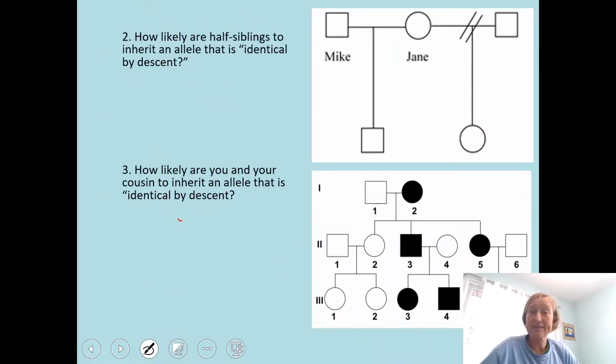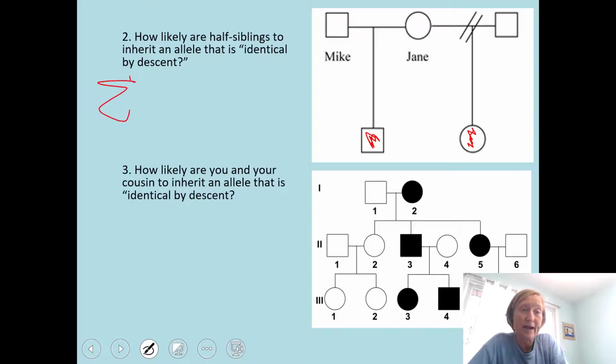What about half siblings? So here I've got a pedigree where Mike and Jane have one son, but Jane had a daughter with another man. What is the coefficient of relatedness between these two half siblings? Well, let's find all the pathways by which they could share genetic material.